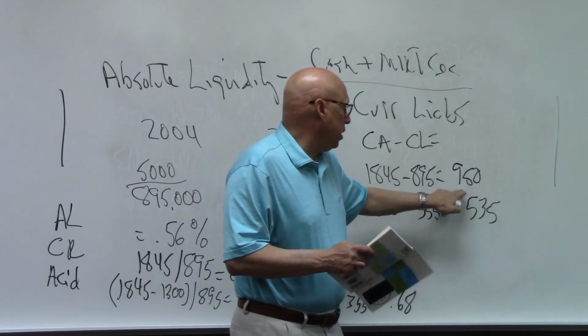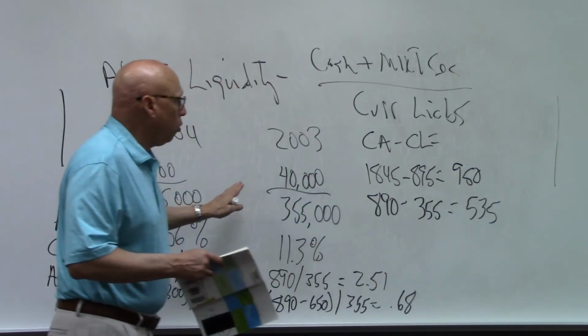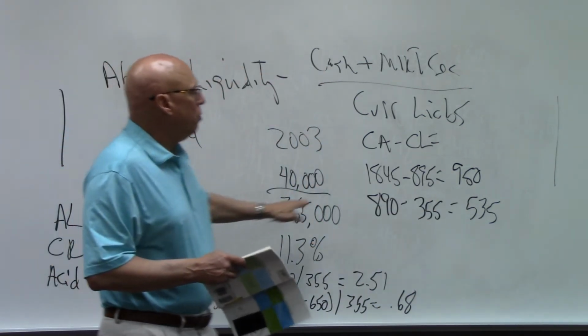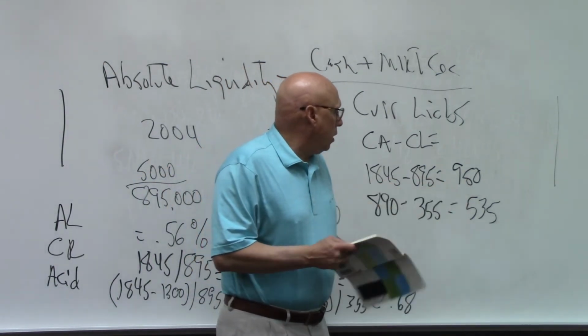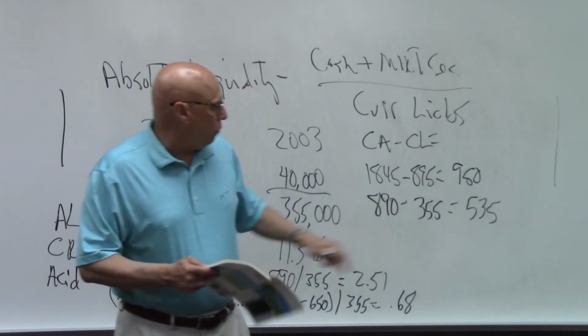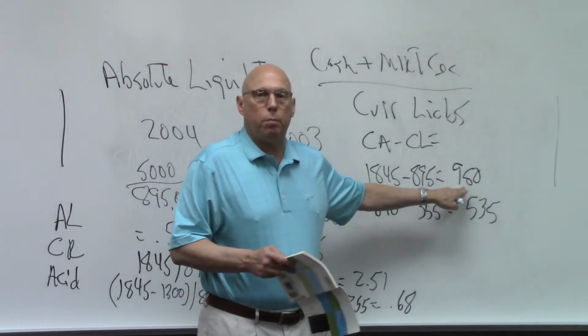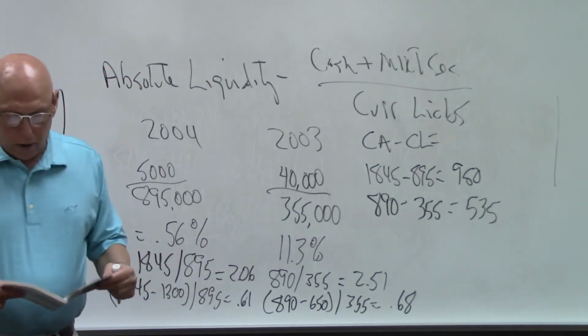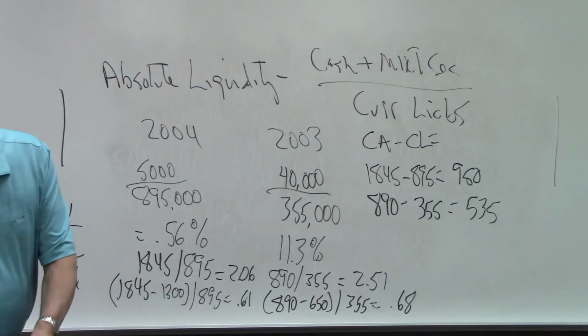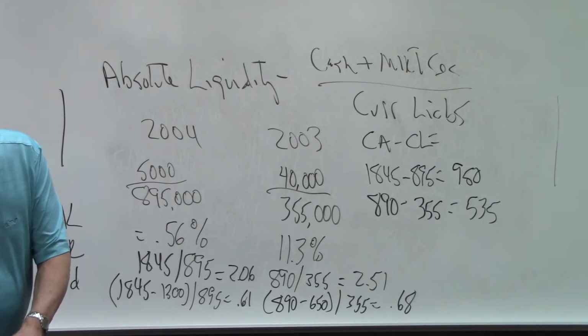So does that really tell us if there's an issue? Their liquidity has gone down, but in absolute dollars, their working capital has gone up. So if you go by this, it doesn't appear to be a problem. But if you look at their ratios instead of dollars, it looks like a problem.